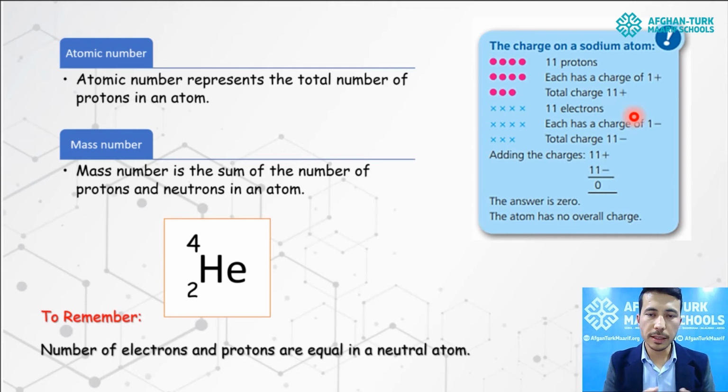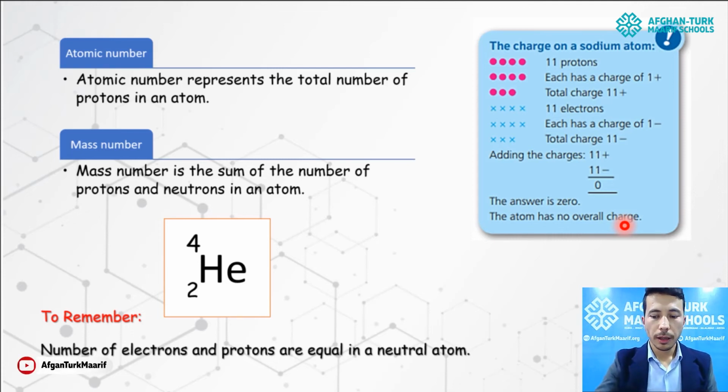Each electron has a -1 charge, so the overall charge will be -11. If we add both charges, +11 and -11, what will remain? The answer is 0. So if a sodium atom has 11 protons and 11 electrons, the overall charge of the atom is 0, which means it is a neutral atom.